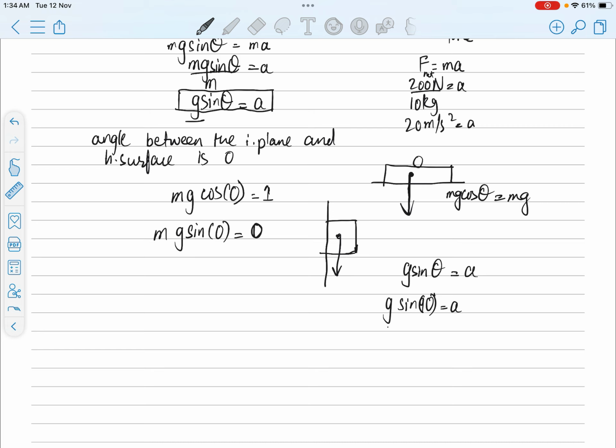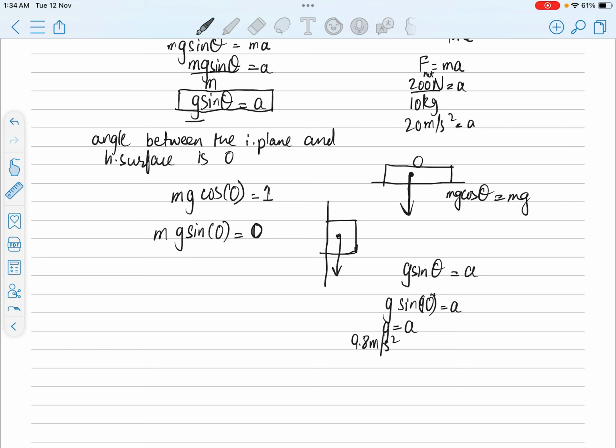Sine 90 is 1. So when the body is placed on a vertical plane like this, the only component acting is going to be the parallel component, and g is actually 9.8 meter per second square.